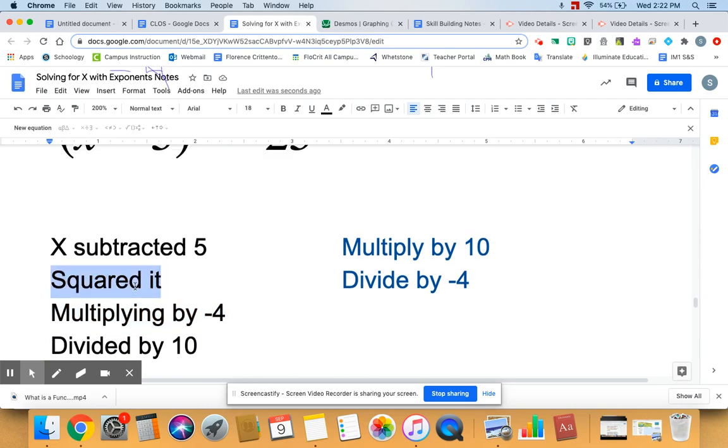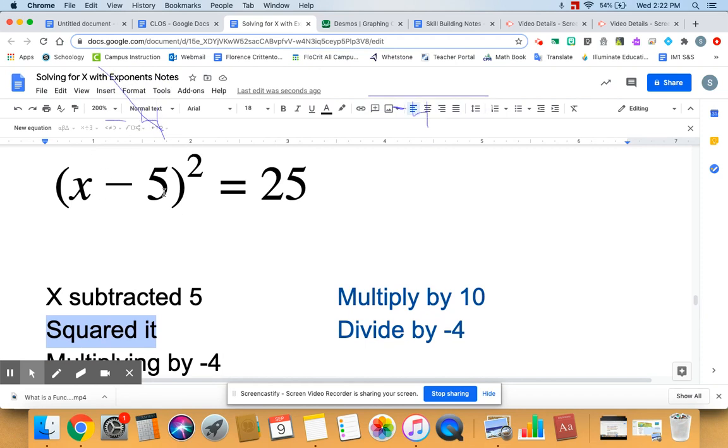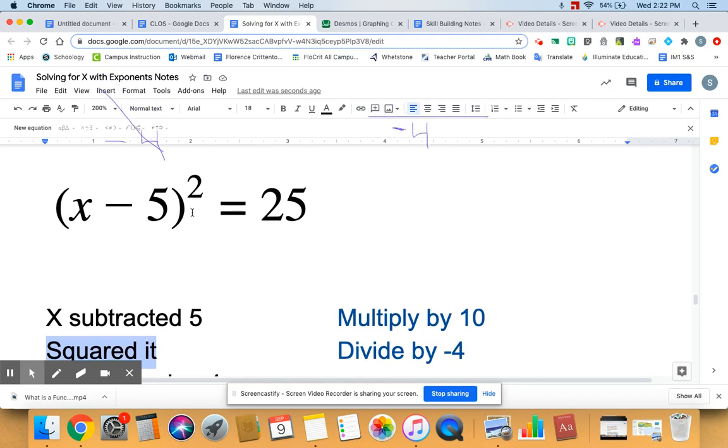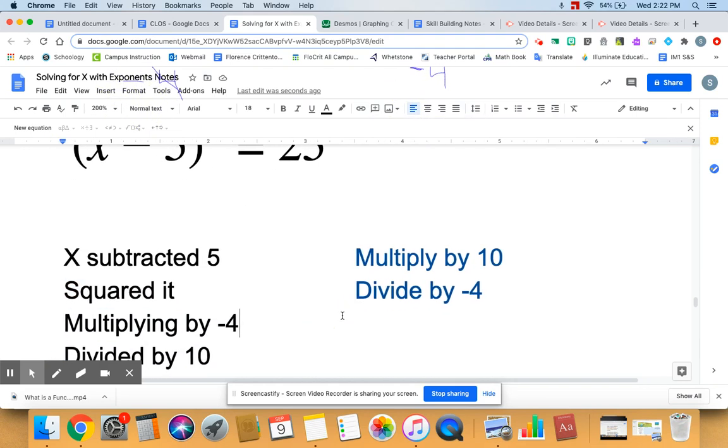Now the fact that we squared it was the next weakest thing. And you can see everything's trapped in the parentheses getting squared. So that's the next thing I need to get rid of. So what's the inverse of squaring something? Remember, there's 2 answers to this one. You could say the square root.